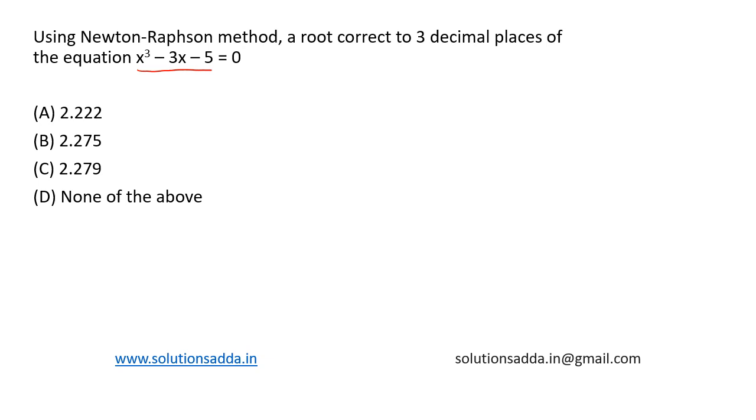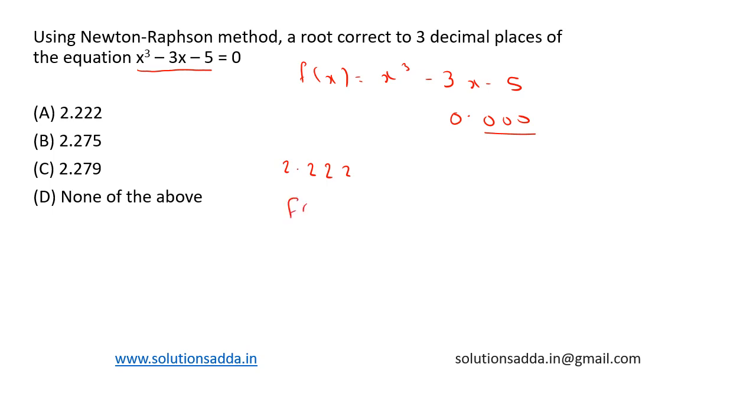So one shortcut to find the root correct to 3 decimal places here is, f of x is equal to x cube minus 3x minus 5. Just put the options one by one in f of x and check whether you are getting 0.000, as we are trying to find out the accuracy up to 3 decimal places. Option A is 2.222.